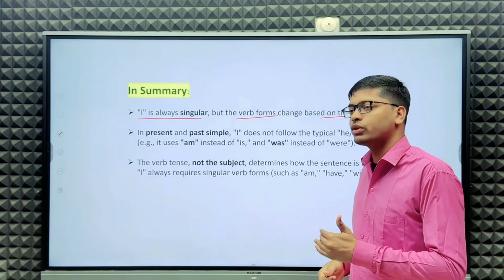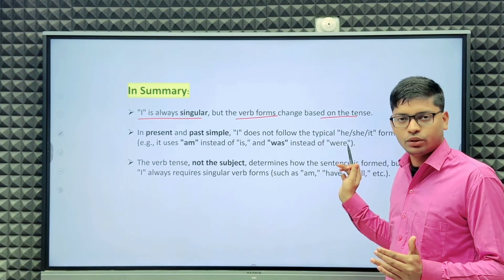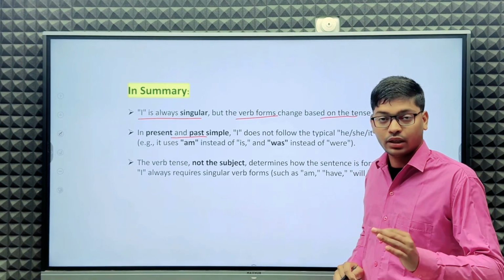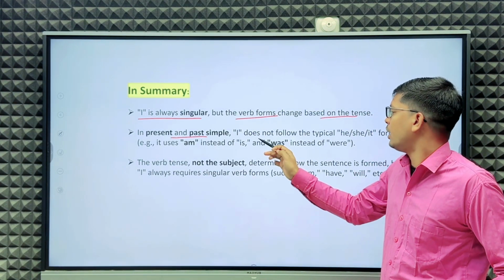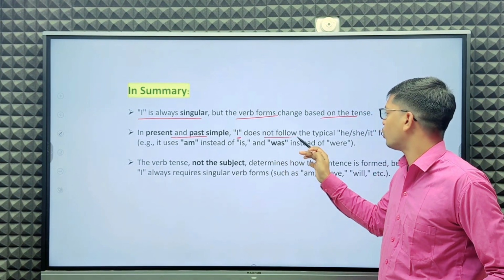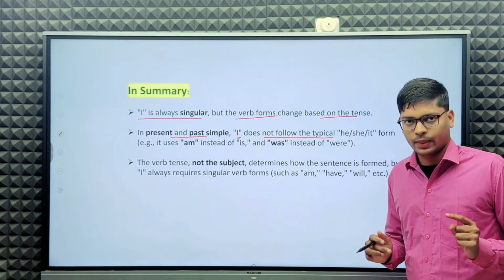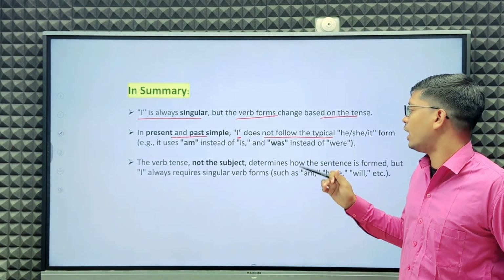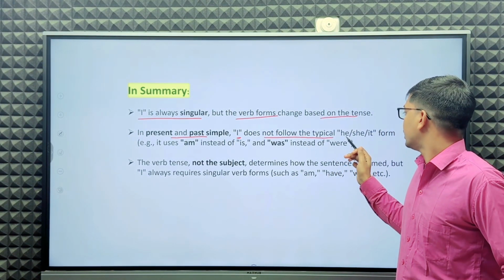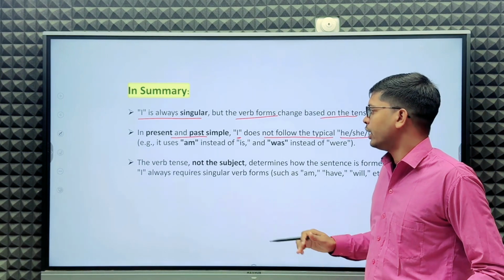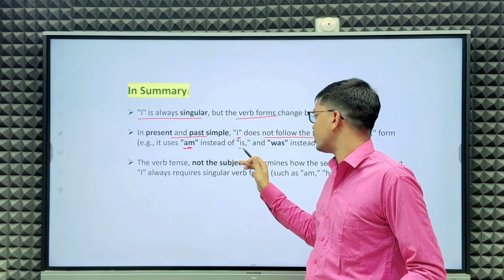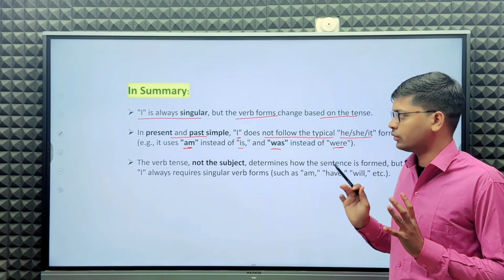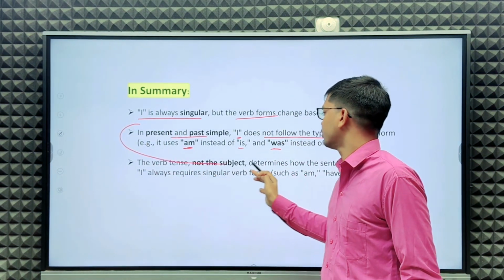In present and past simple, I does not follow the typical he, she, it form. It uses am instead of is, and was instead of were. This is the core difference.